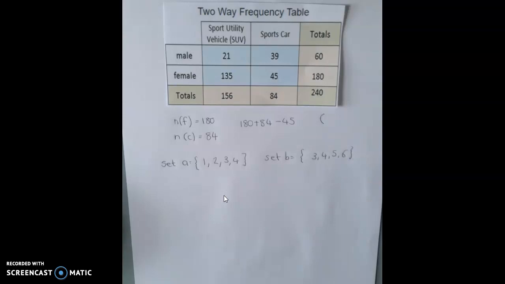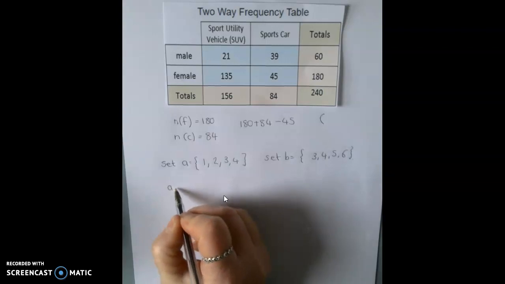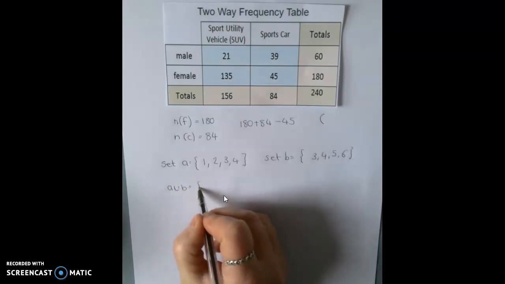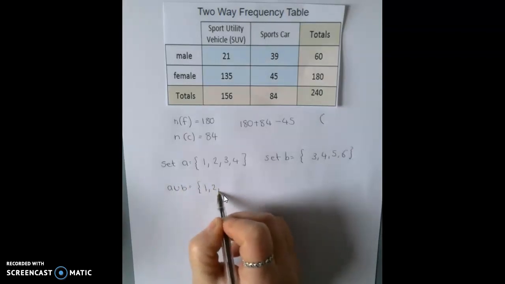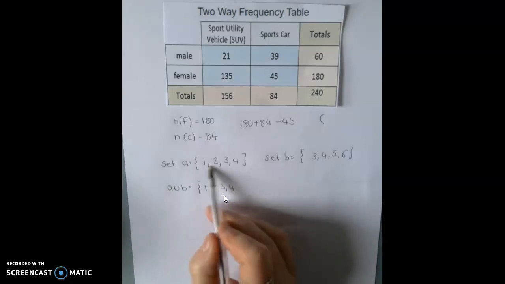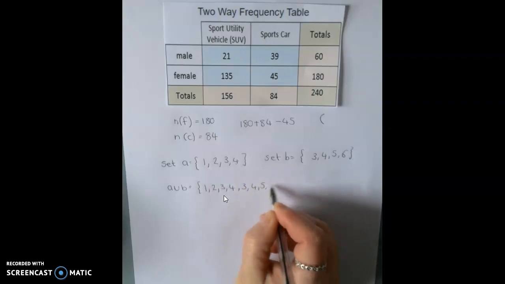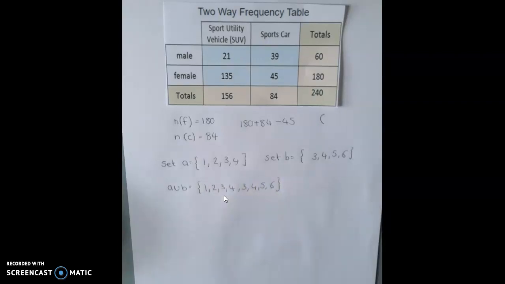And we want to know what the union is of A and B. So we want to know all the numbers that are in A and all the numbers that are in B. So if we put them down together, and that funny upside-down U is for union, so we're making a new set that has all the numbers that are in A and all the numbers that are in B.